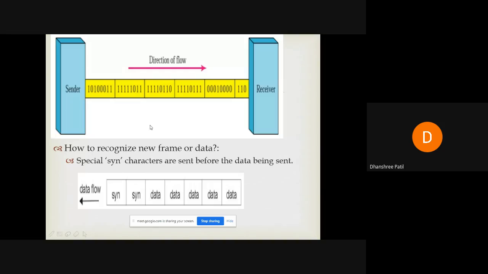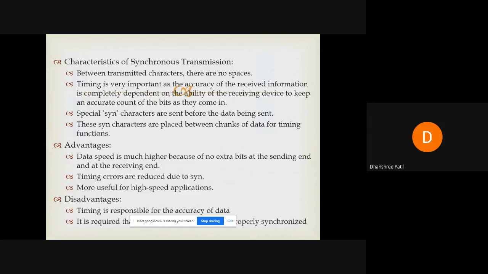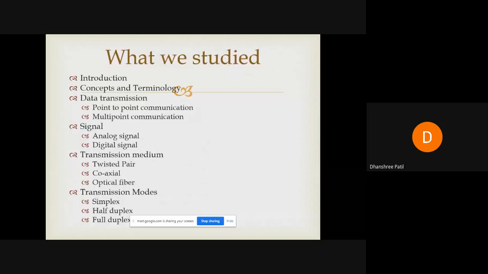No 0 and 1 are included to separate the data. So these are the two types of transmission. Any doubt? No doubt. Okay, so here we have finished the first chapter.